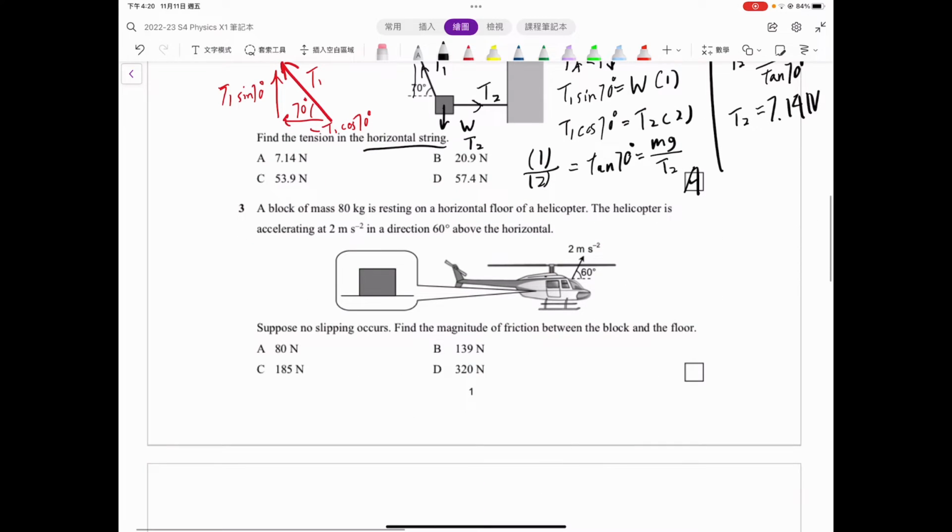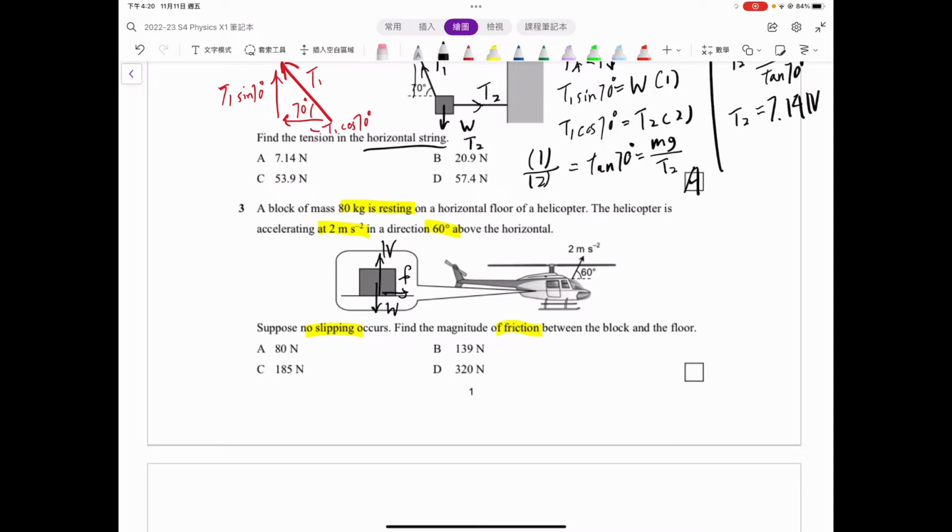Okay, a box of mass 80 kilogram is resting on a horizontal floor of a helicopter. The helicopter is accelerating in a direction above horizontal. If no slipping occurs, find the magnitude of the friction between the box and the floor. The free body diagram of the box should look like this, right?